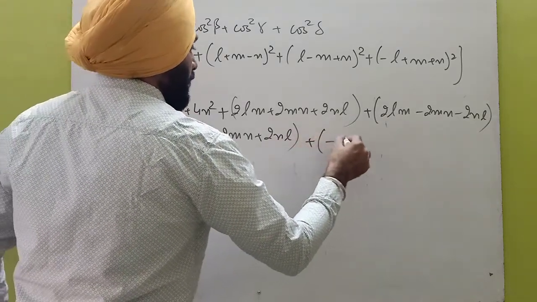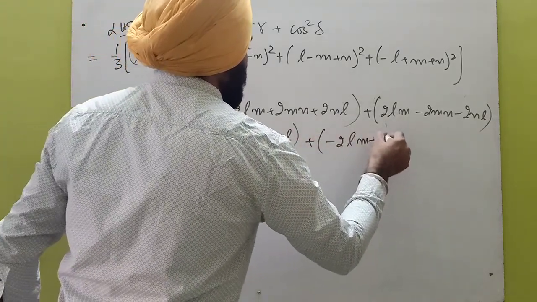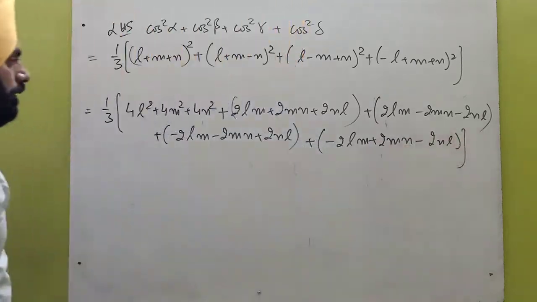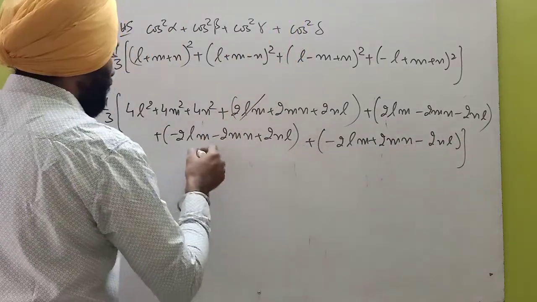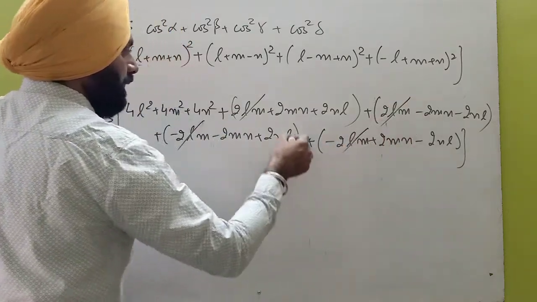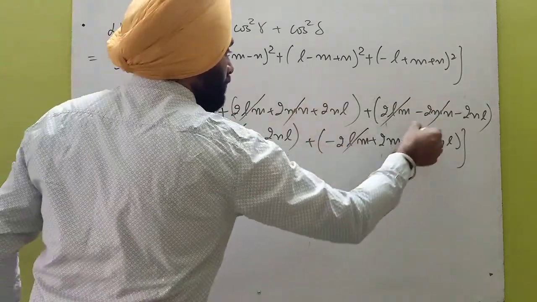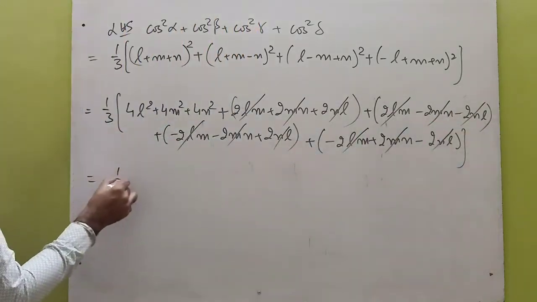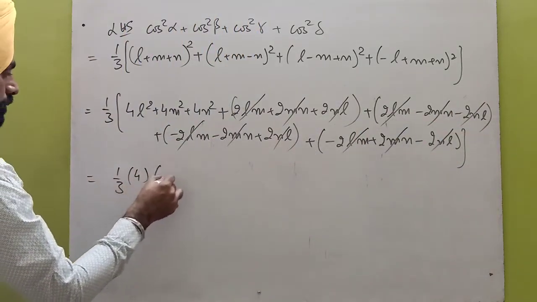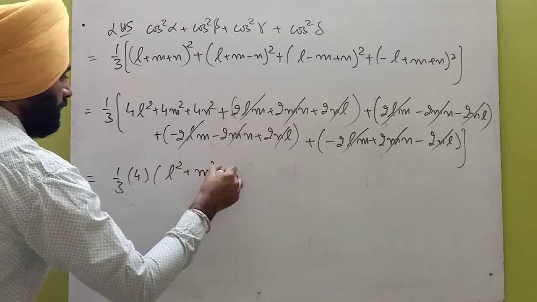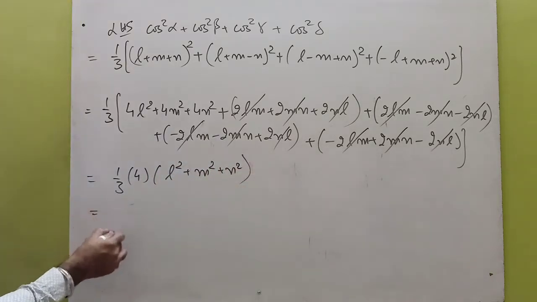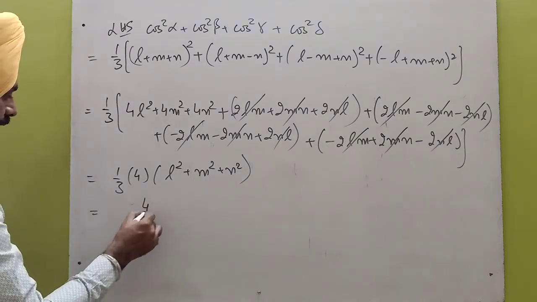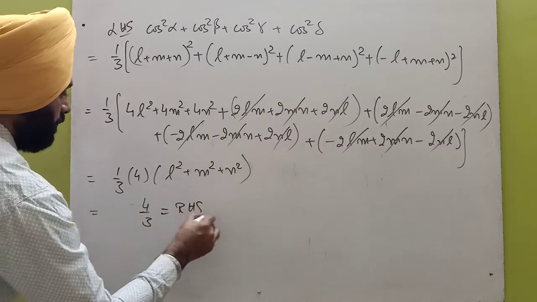And in the last term, there is minus 2LM, plus 2MN and minus 2NL. And 2LM cancels with 2LM. Similarly, 2MN with 2MN and 2NL with 2NL. So there will be 1 by 3 and take 4 common: L square plus M square plus N square. And we know that L square plus M square plus N square for direction cosines is equal to 1. So this is 4 by 3 and that is the right hand side.